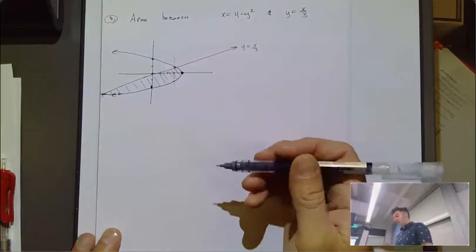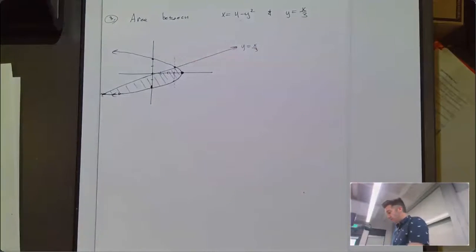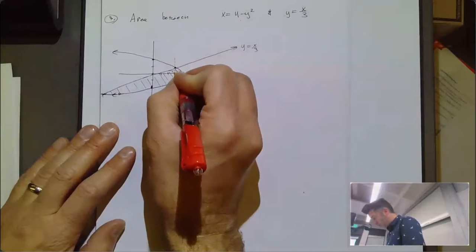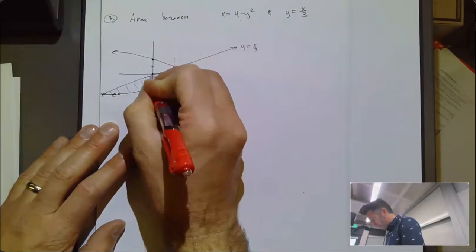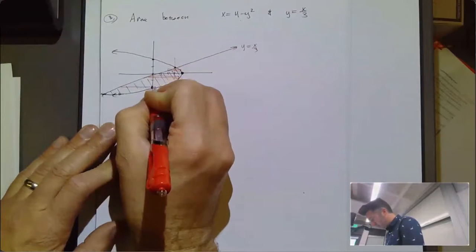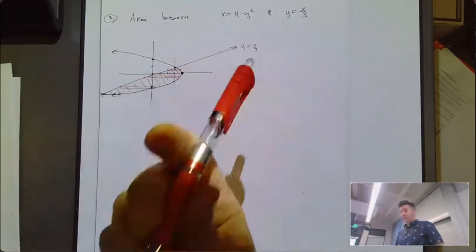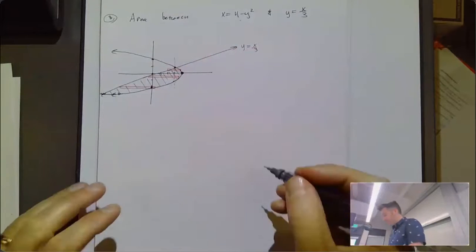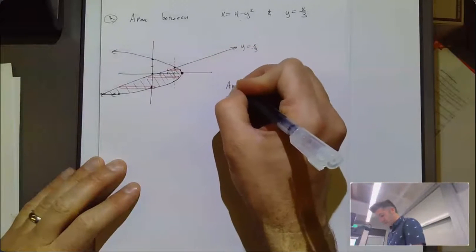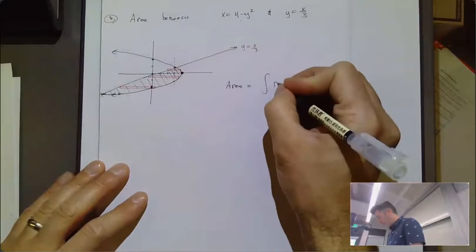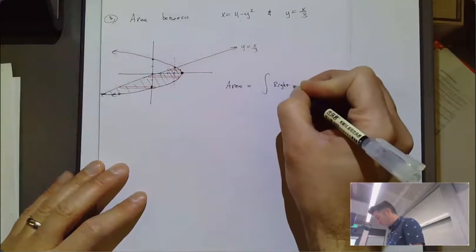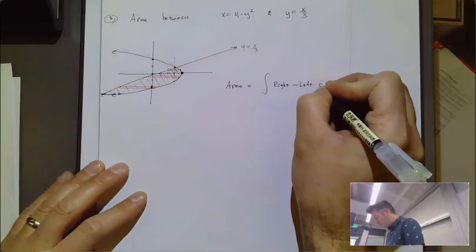So in other words, what we should actually do is think of using horizontal cross sections, where instead of doing the top function minus the bottom function, we're going to do the right function minus the left function. So the area here is going to equal the integral of the right function minus the left function, dy.